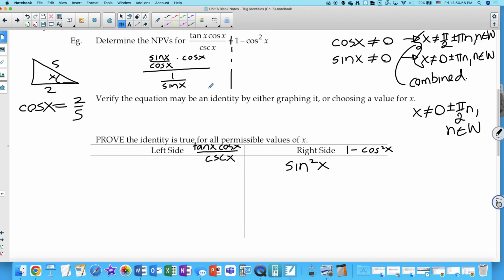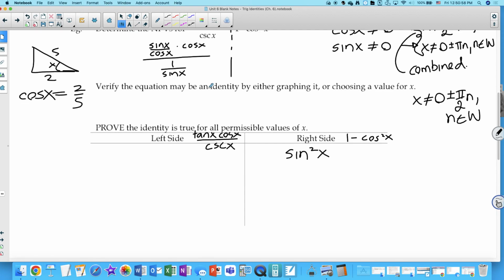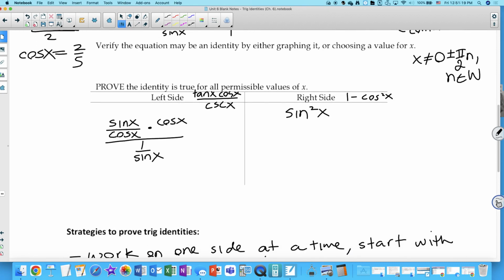And I'll replace this tan x cos x over cosecant x with this. Sine x over cos x times cos x over 1 over sine x. Okay? And when I simplify, these cancel.